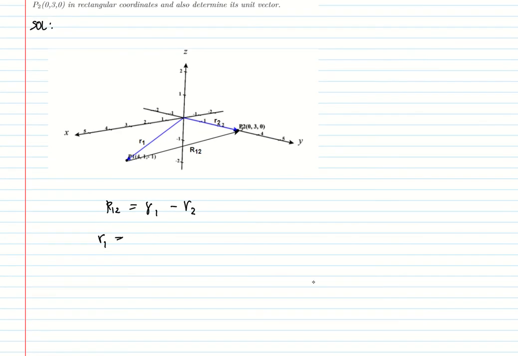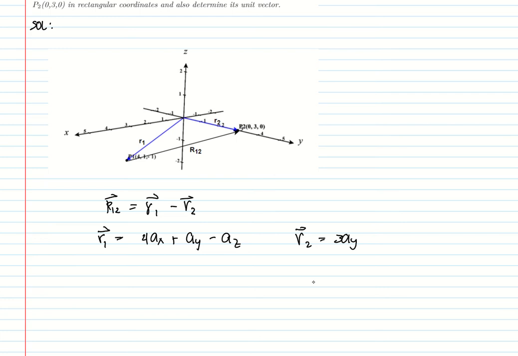Position vector R1 has components 4 ax plus 1 ay, and minus az. For R2, the position vector is just equal to 0 ax, 3 ay, and there's no component in the z direction, so it's just 3 ay.